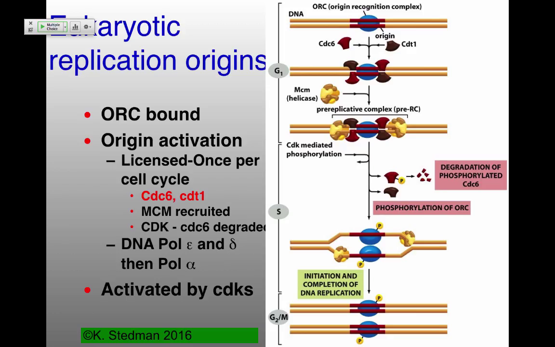So what about eukaryotic origins of replication? This is a little different. One thing that hopefully all of you know is that eukaryotes use multiple origins of replication, not just a single origin of replication. And it turns out that their DNA polymerases are way wimpier. They don't go as fast as the polymerases that you find in bacteria. So you basically have to have multiple origins of replication.